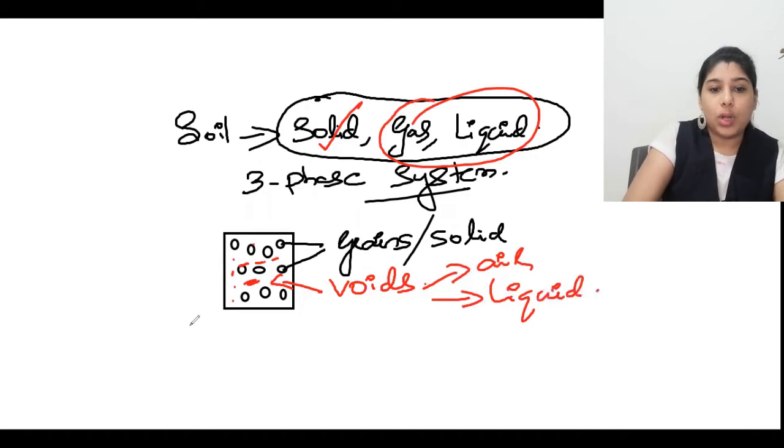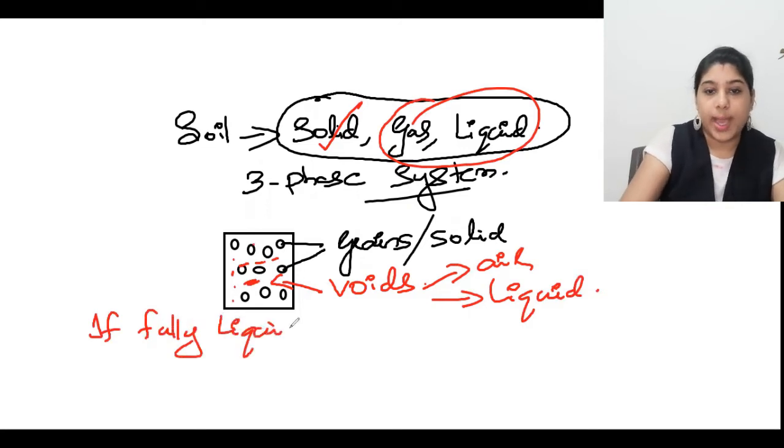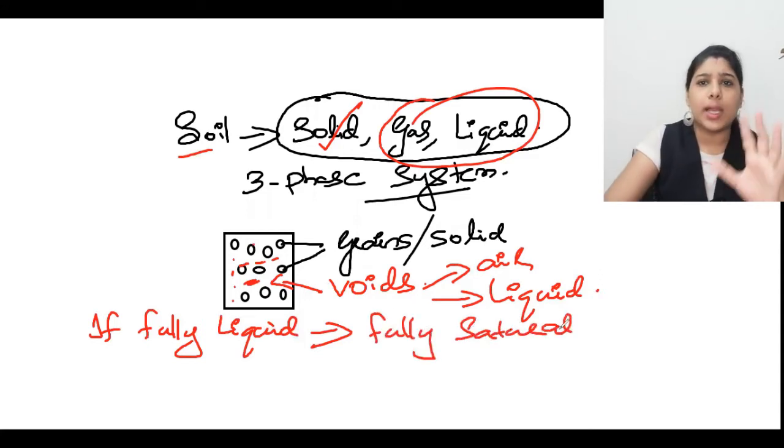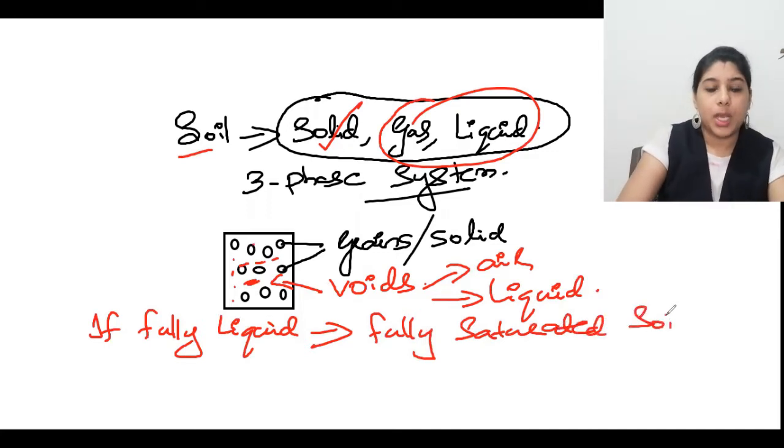If the void is fully composed of liquid, we call the soil fully saturated soil. That means it is fully composed of water only.